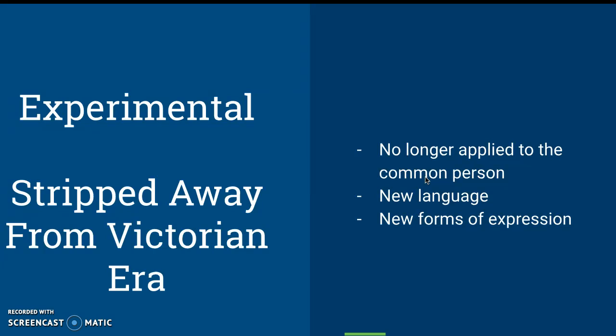They needed a more relatable language, which F. Scott Fitzgerald was also a really good example of with his works. And it was no longer applied to the common person. There was a new language and new forms of expression that came from this era of modernism.